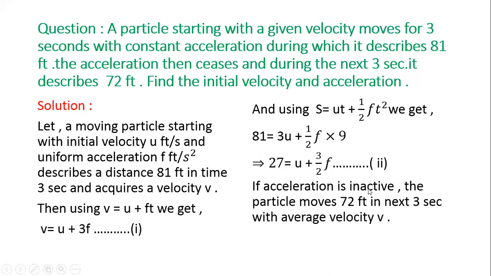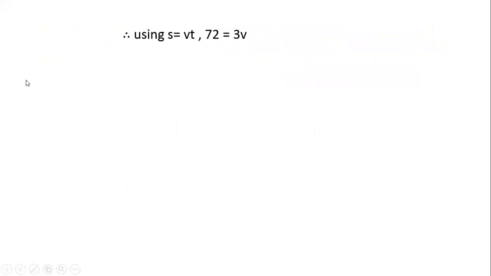If acceleration is inactive, the particle moves 72 feet in the next 3 seconds with an average velocity v. Using s equals vt, which is used for average velocity, 72 equals 3v. Here the distance is 72 and the time is 3 seconds.